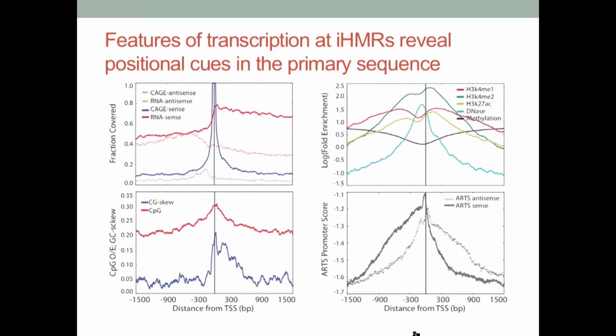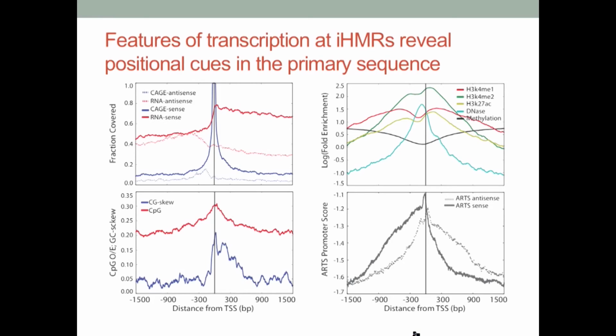Okay, because of this observation, we wanted to understand if there are any sequence features that coincide with the transcription start sites of these eRNAs. All of these plots are lined up on the TSS.